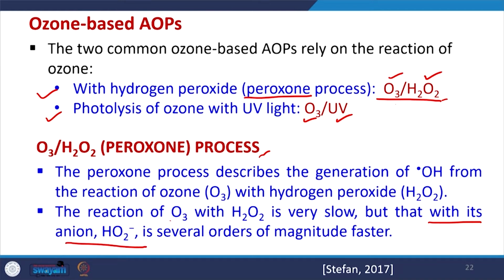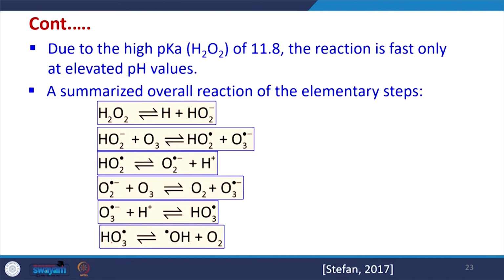So, if it reacts with H2O2 directly it will be slower, but it can react very quickly with this anion of hydrogen peroxide. Due to the high pKa of H2O2, which is around 11.8, the reaction is fast only at elevated pH. So, if a wastewater has pH around 10 or 12, then under those conditions the reaction of ozone with H2O2 will be very quick.